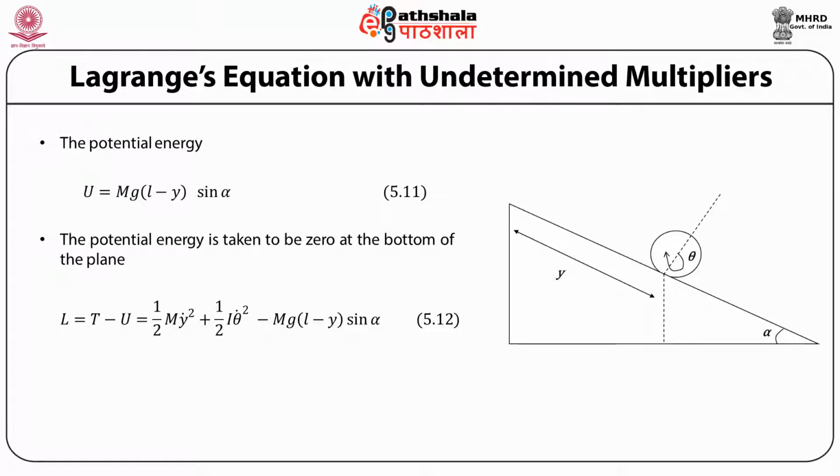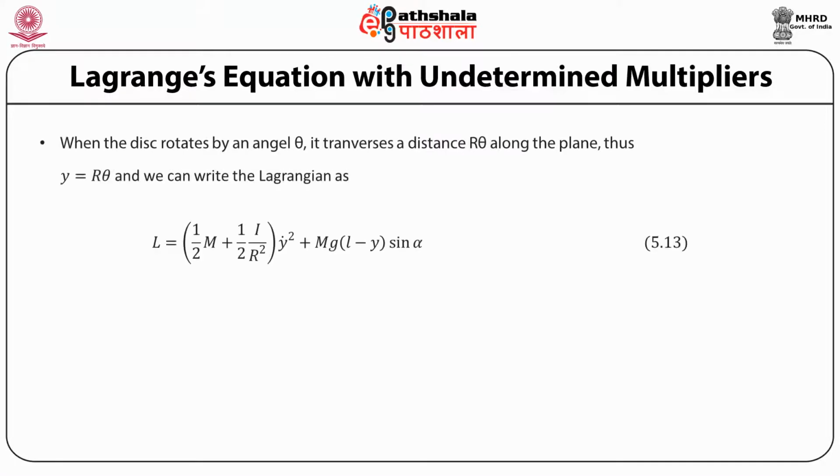So L can be written as half m y dot square plus half I theta dot square minus m g (L minus y) sine alpha. When the disk rotates by an angle theta, it traverses a distance r times theta along the plane. Thus, y and theta are related, so y is equal to r theta.